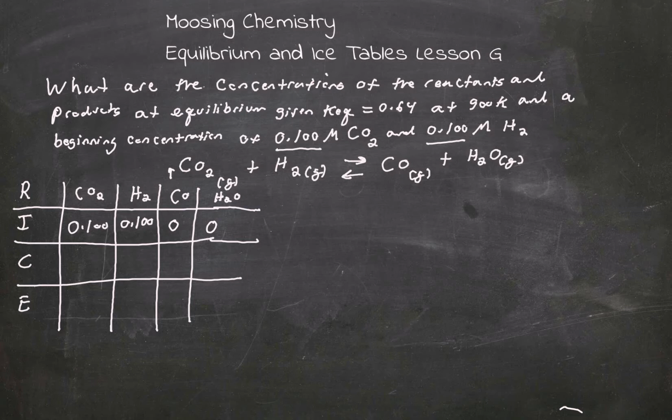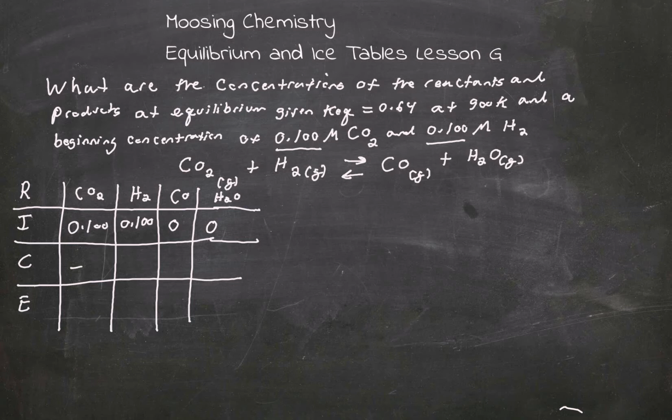Let's get back to that, and we're going to erase this. Again, remember, if you don't see anything in front of the element or the compound, the number is assumed to be 1. Here we go.